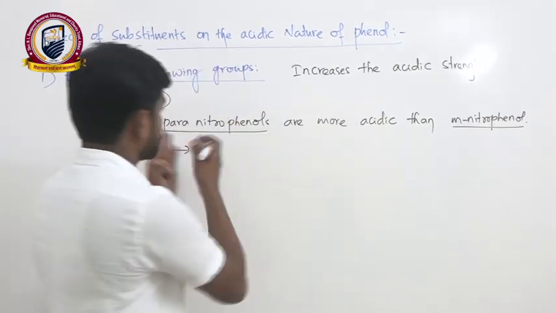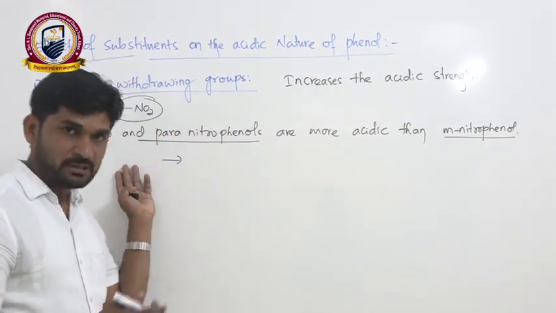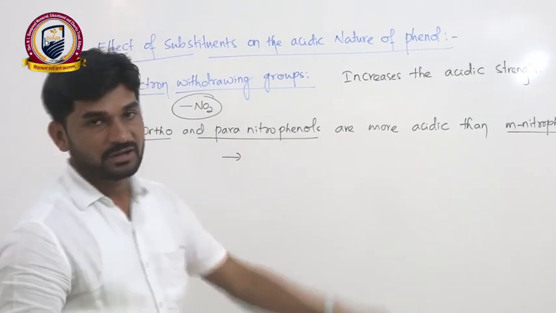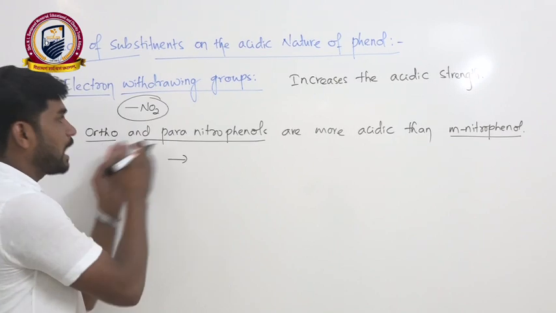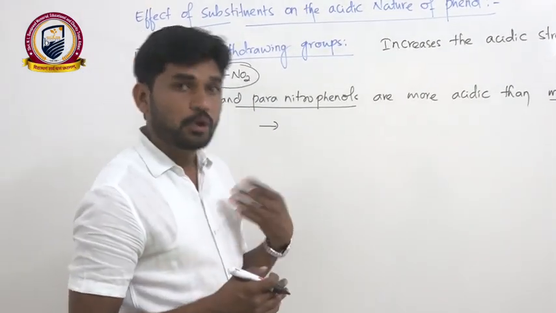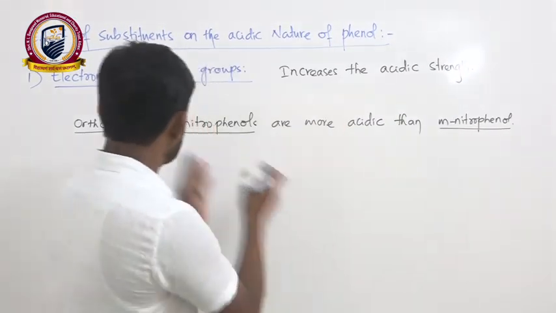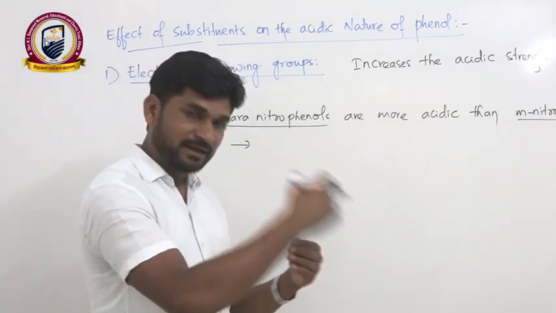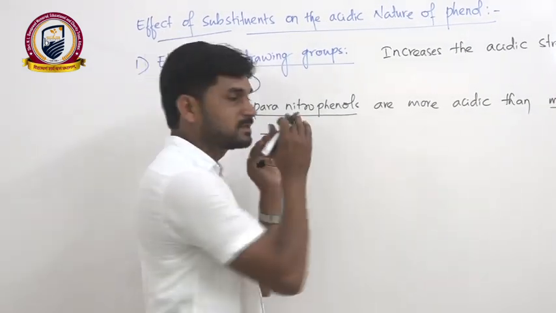You can write the resonance structures as we have discussed in first PUC organic chemistry chapter, where we have written the resonance structures of certain compounds, right? You can see that the resonance structures of ortho and para nitrophenols are more effective compared with meta nitrophenol, because the negative charge is more effectively delocalized in these compounds, right? So this is clear now.